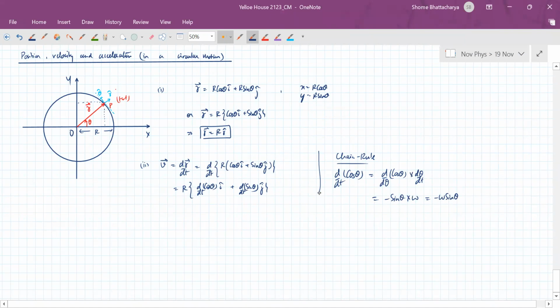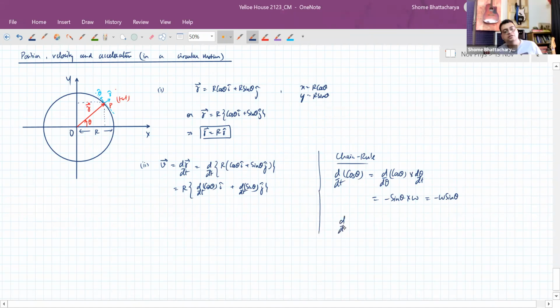And likewise, we want to find the rate of change of sin theta. By chain rule, it will become the derivative of sin theta into d theta by dt. So it will become omega cos theta. So now using these two in this derivation here, we can see that this will become capital R into minus omega sin theta i cap plus omega cos theta j cap.